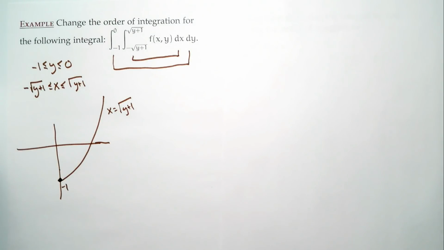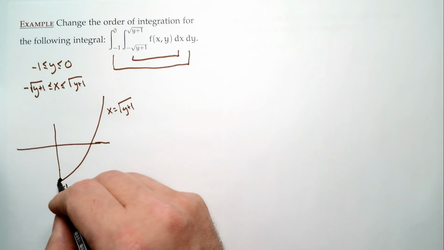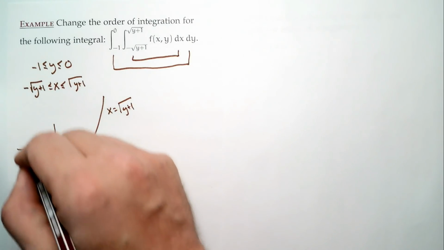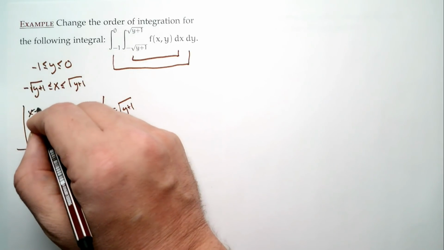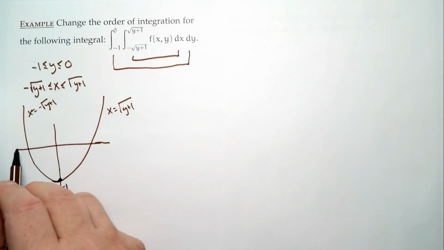Now where does x equals negative square root of y plus 1 go? Or what does it look like? It's the same thing but flipped across. So this is the curve x equals negative square root of y plus 1. And now we can start to see where we're going. Negative 1 is the very bottom.